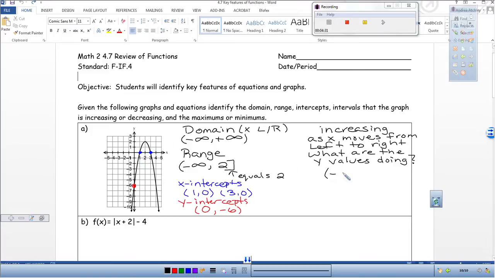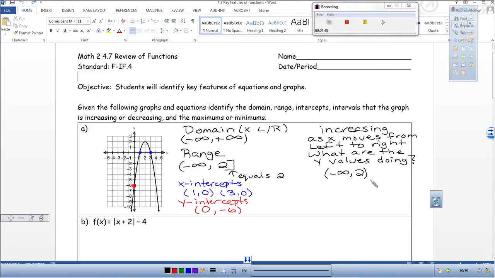So from negative infinity, at what point do they stop getting bigger? 2. Okay, and it's always the x value, not the y value of 2, but the x value of 2. At 2, we don't put a bracket here. At 2, it's neither increasing or decreasing. It's changing.